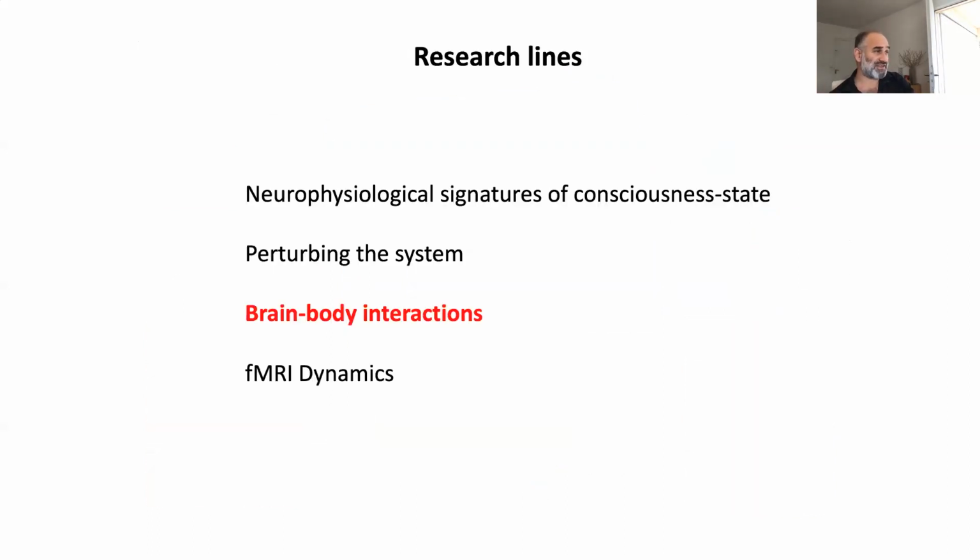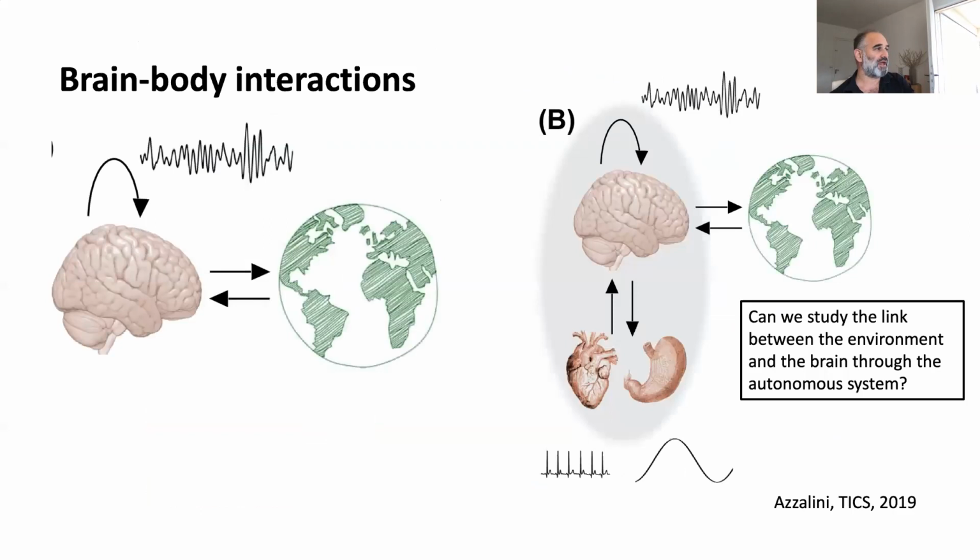There are different research lines in my lab. What I'm going to discuss today is brain-body interactions, which is basically the capacity of the body to respond to conscious processing in the brain. How do brain-body interactions tend to work? Well, the external world is processed by our brains, and there is some internal activity that reflects into the brain, and also a feed of information coming from the external world.